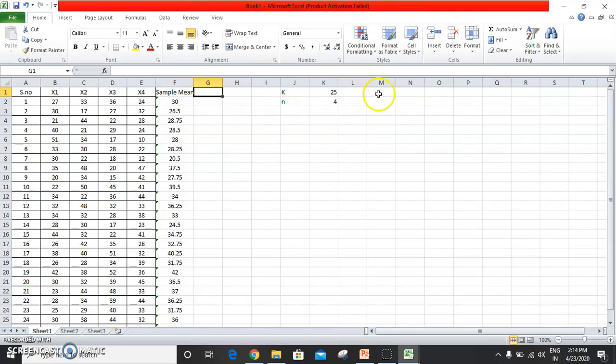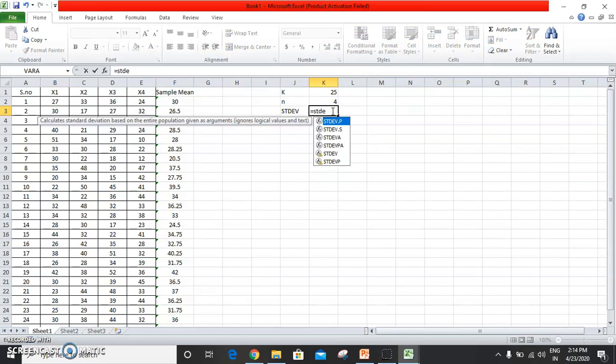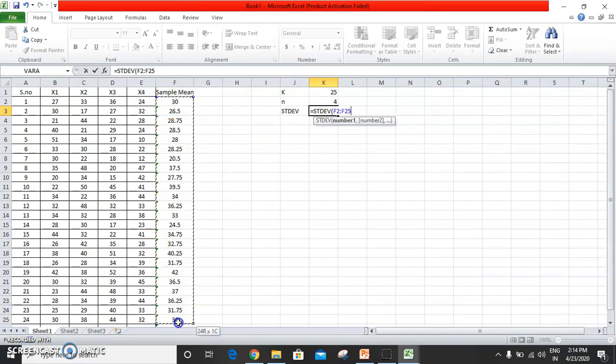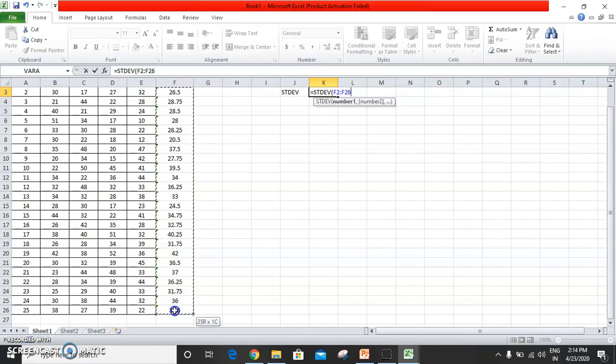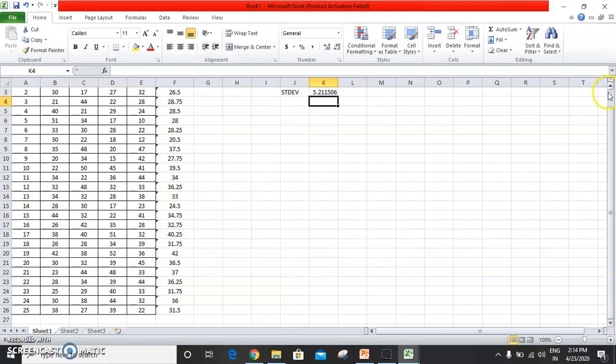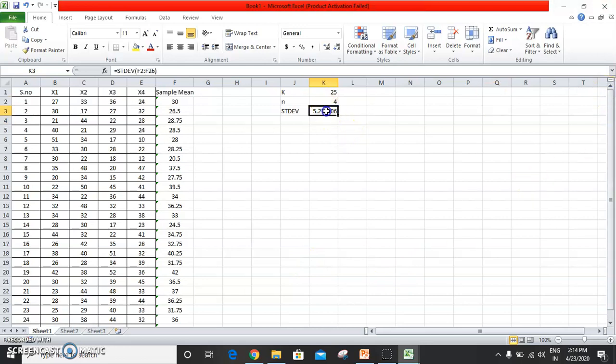For that purpose we will write down standard deviation, select the formula, and choose the values we have got from this x bar, and press enter. So the standard deviation for these 4 observations is 5.211.